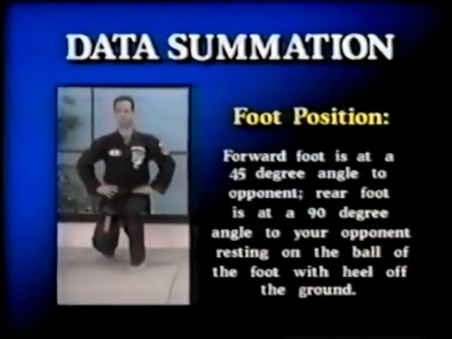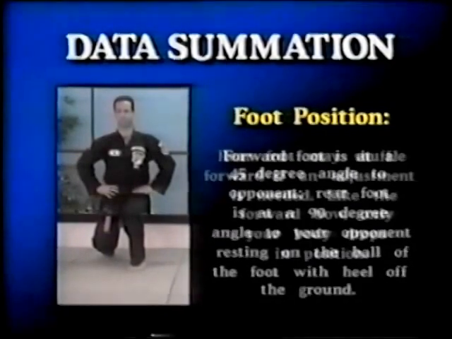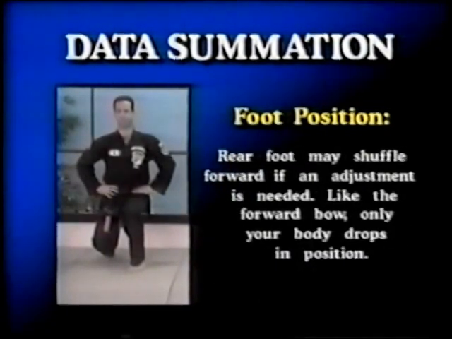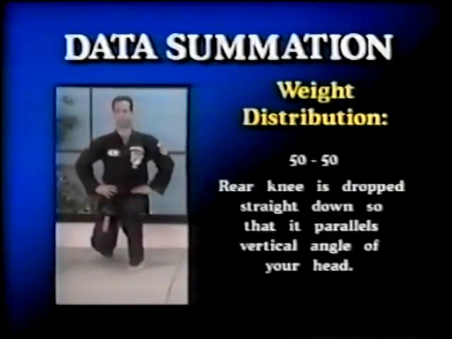Data summation of the close kneel. Foot position. Forward foot is at a 45-degree angle to your opponent. Rear foot is at a 90-degree angle to your opponent, resting on the ball of the foot with the heel off of the ground. Rear foot may shuffle forward if an adjustment is needed. Like the forward bow, only your body drops in position. Weight distribution, 50-50.